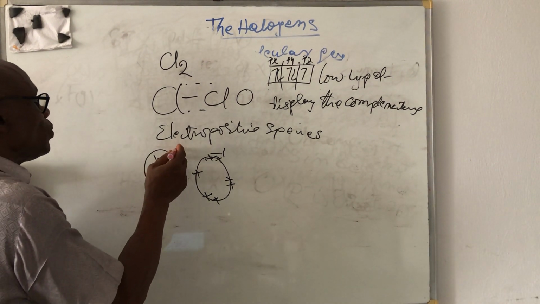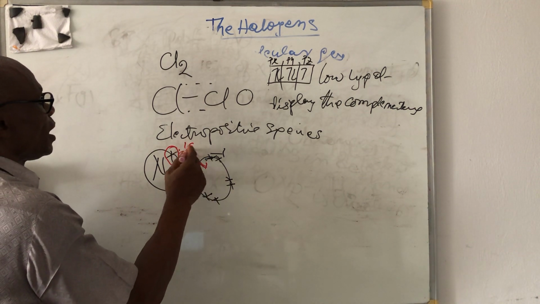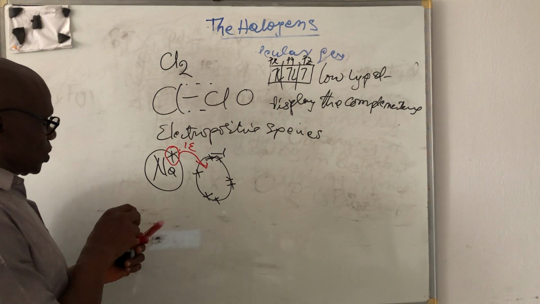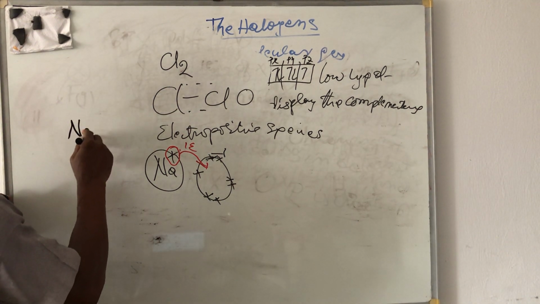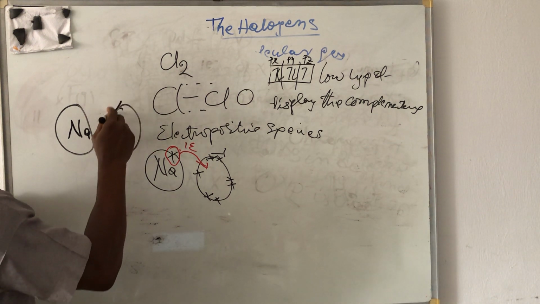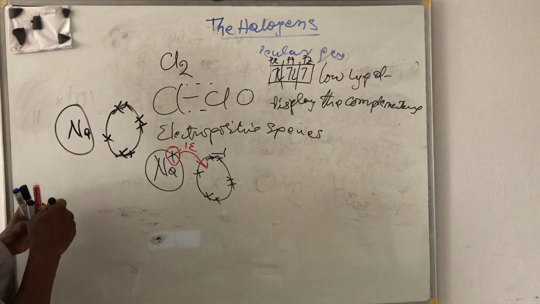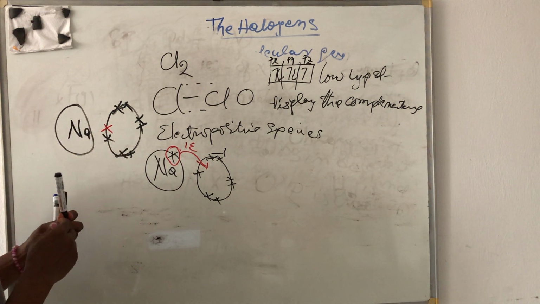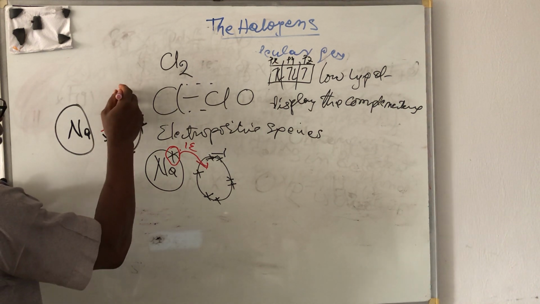This electron will be given away on the acquisition of ionization energy, and the resultant ions will take the form of sodium with no electron, and the halide. At that point you see that the electron has moved from sodium to here.